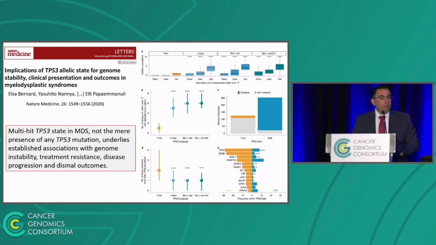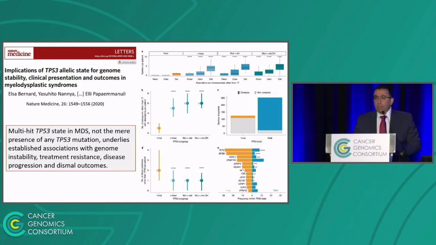I would say that notion got cemented a few years afterwards in this landmark paper from the Memorial Sloan Kettering group, in which several thousand cases of MDS were surveyed to understand the impact of copy number status in the context of MDS and P53 mutations.